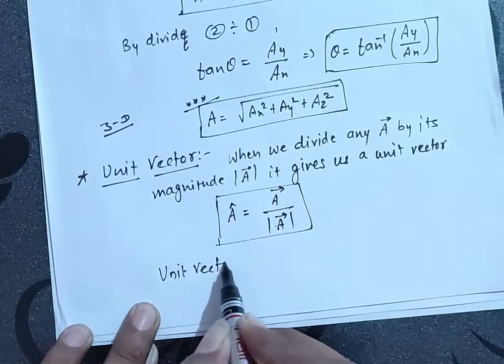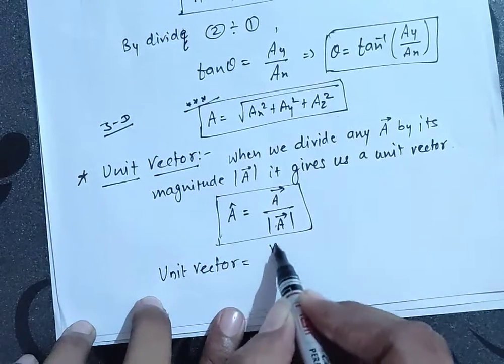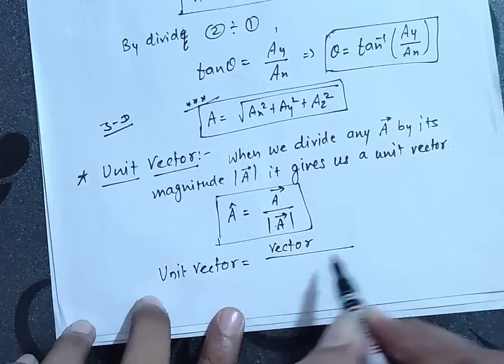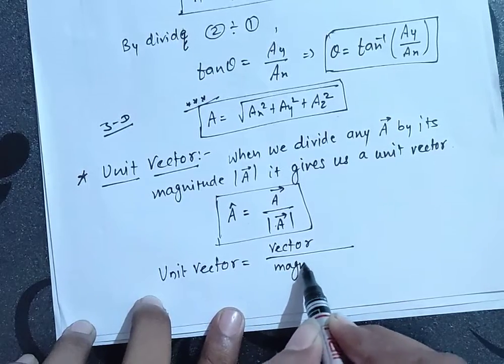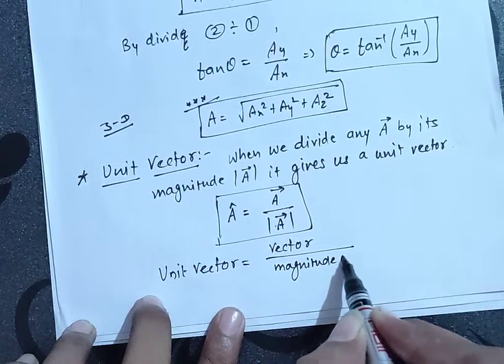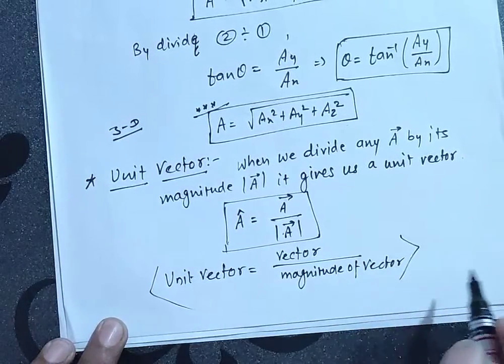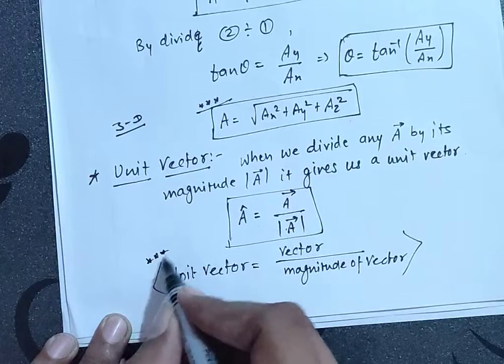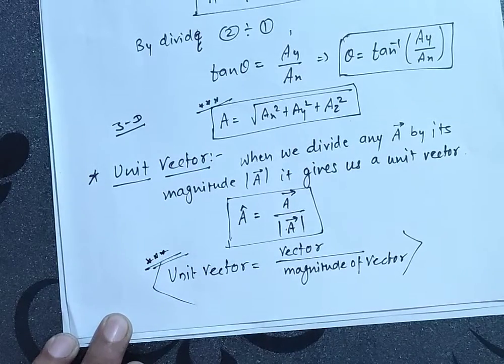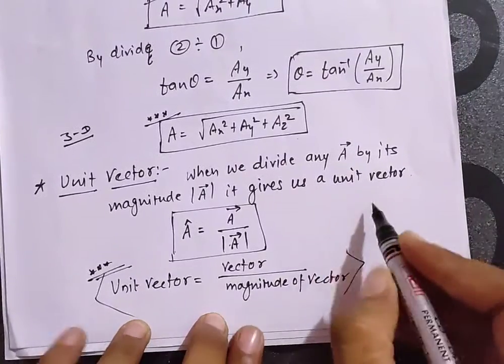Unit vector is equal to vector upon the magnitude of the vector. Vector upon its magnitude represents the unit vector.